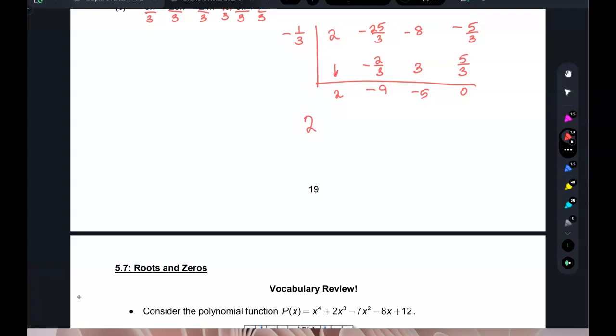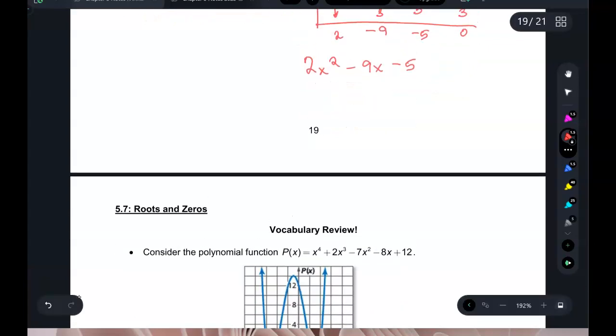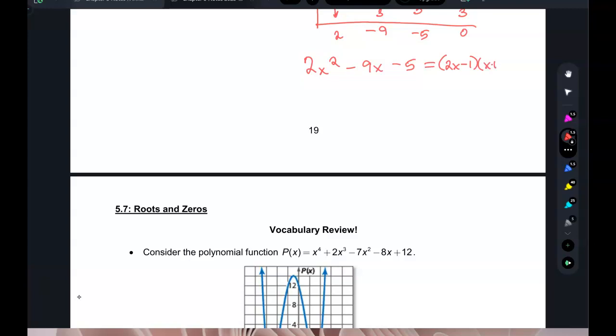Okay, so that means we have 2x squared minus 9x minus 5. The last thing we want to do here is factor that. Then it equals 2x minus 1 and x plus 5. I think I might change the signs around.